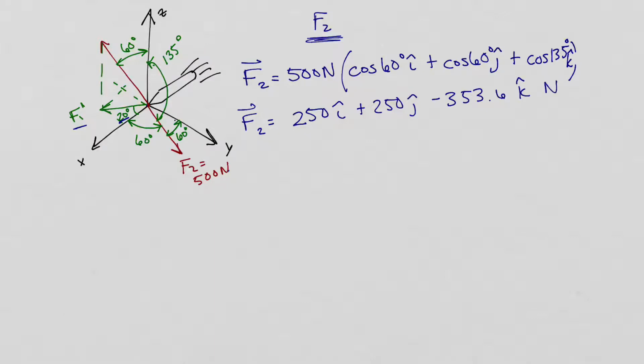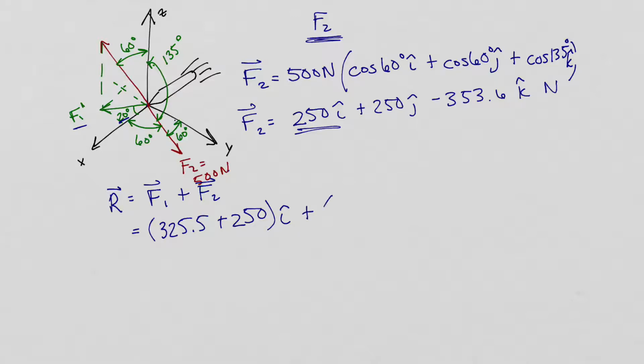And so the resultant force, we can just add those two forces together. So resultant force equals F1 plus F2. So that equals F1 of the X was 325.5 newtons plus 250, because that's the F2 component. And then the Y was negative 118.5 plus 250.